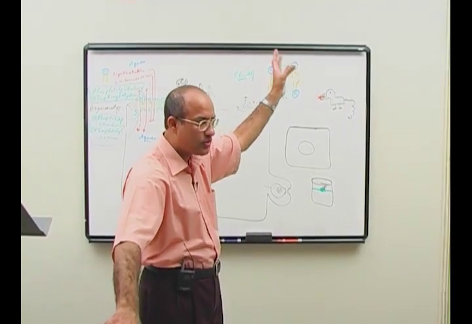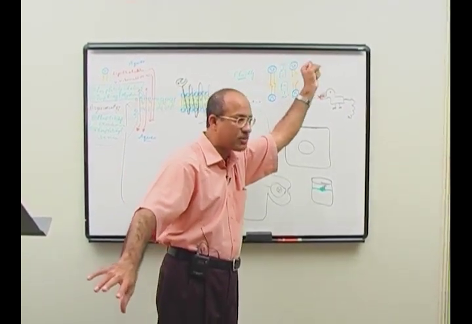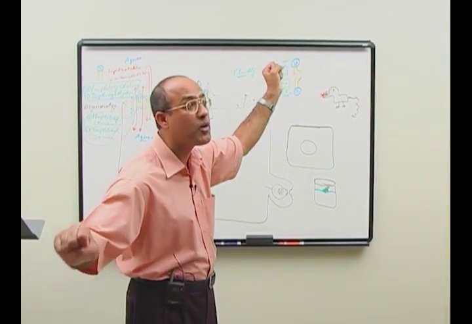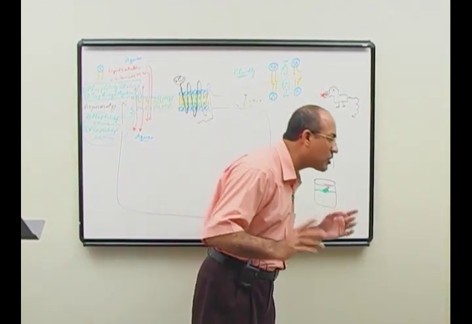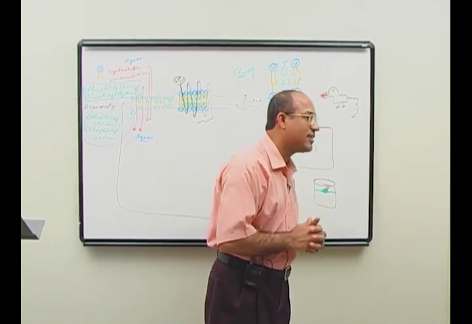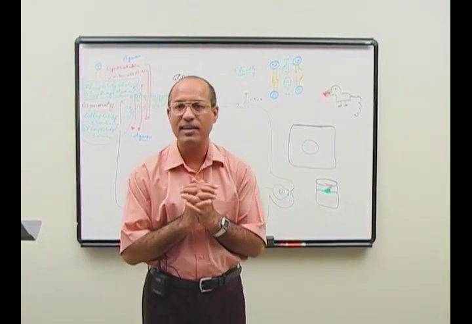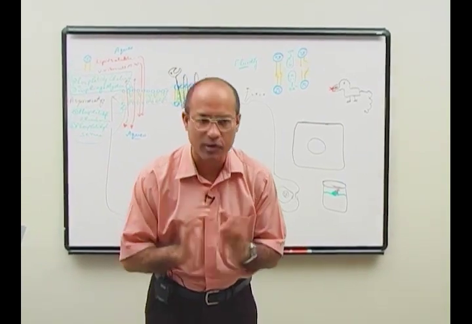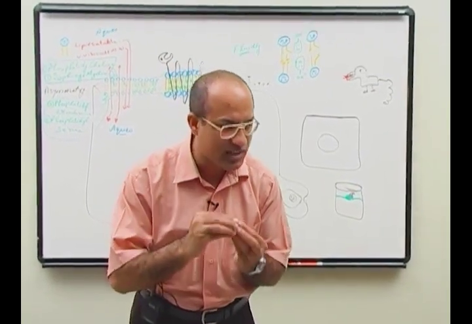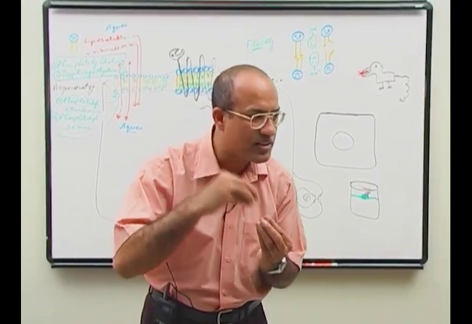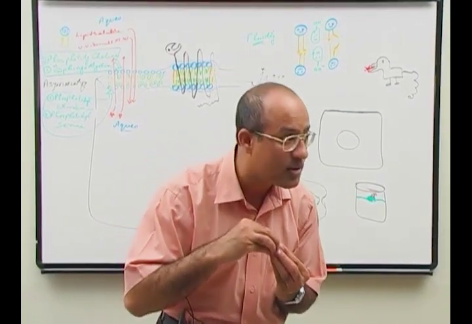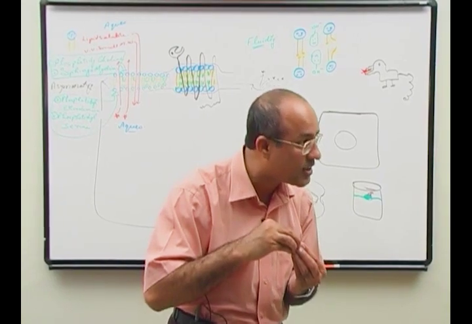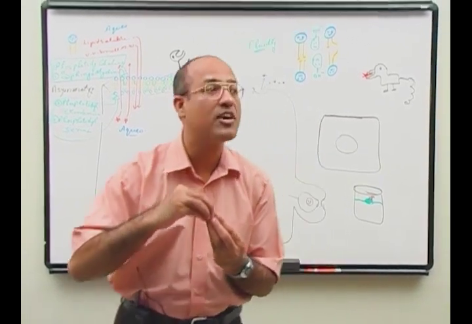Such molecules which can bind with one specific substance and then produce modification in the biological system are called receptors. So what are receptors? Receptors are macromolecules to which, when a specific substance binds, that specific substance may be a hormone, or a neurotransmitter, or a drug.